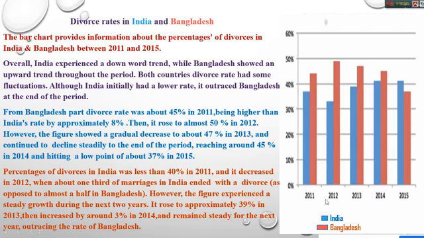So you have to go step by step together, right? And then this is the introduction: the bar chart provides information about the percentages of divorces in India and Bangladesh between 2011 and 2015.